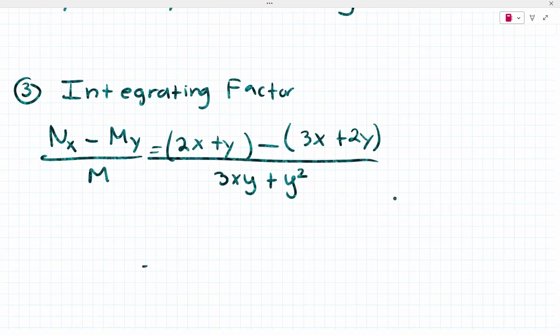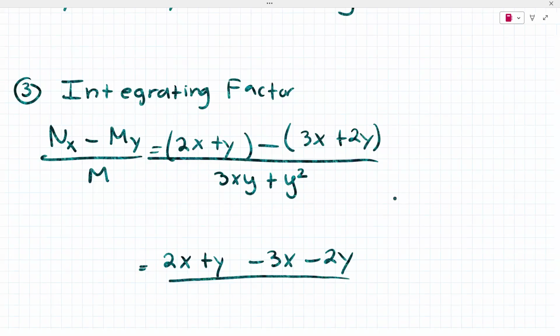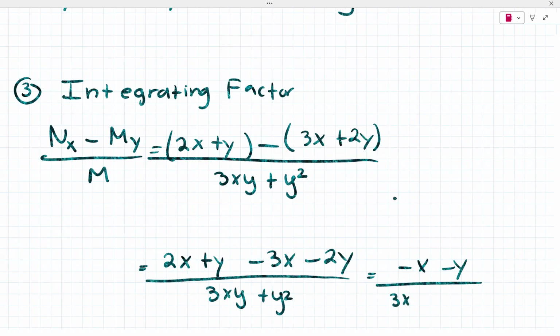And when you clean that up, that's going to be 2x plus y minus 3x minus 2y all over 3xy plus y squared. So on the top, it cleans out as negative x minus y over 3xy plus y squared.